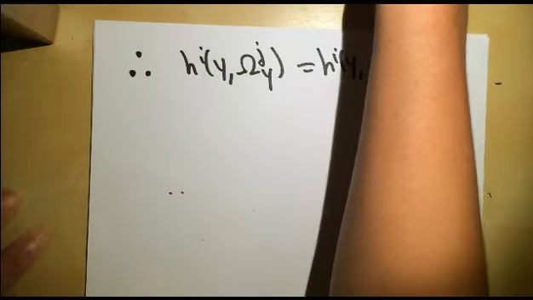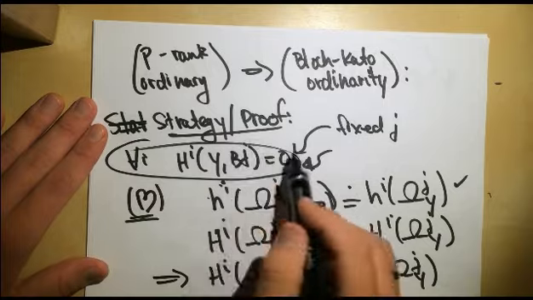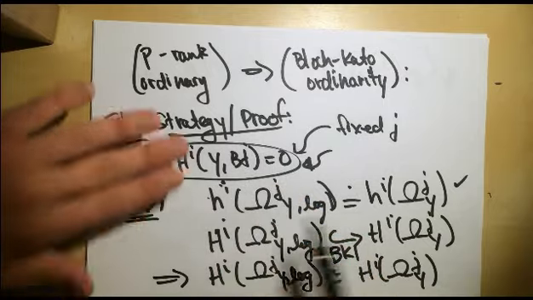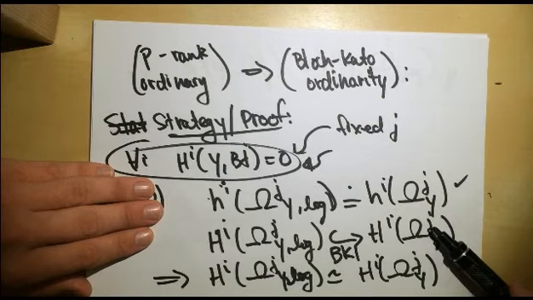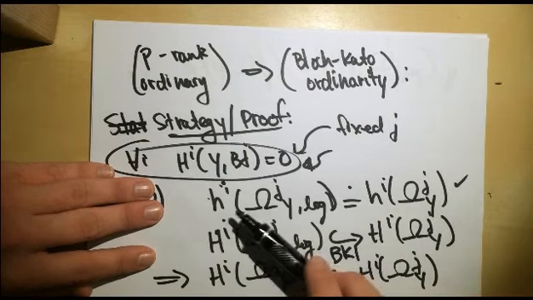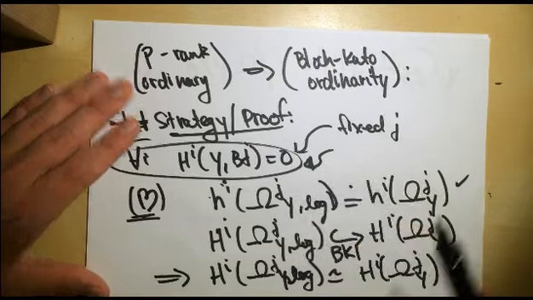Okay, so again, let me just say this again. So what was the strategy? We start at some level. Okay, and we have this Bloch-Kato lemma that says if we have this condition, this map's injective. If we have an injective map, it suffices to show that it's a bijection by doing this. And why do we want to show it's a bijection?